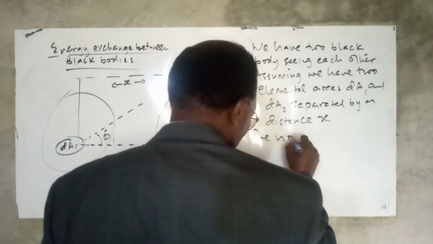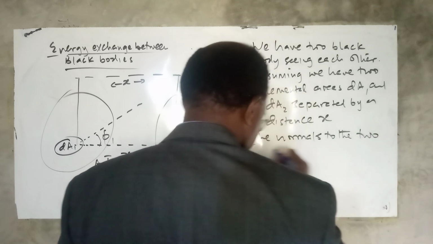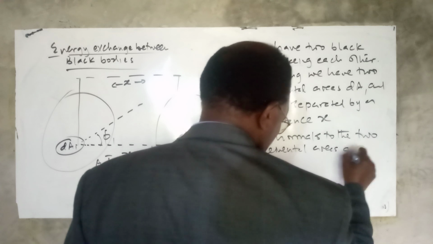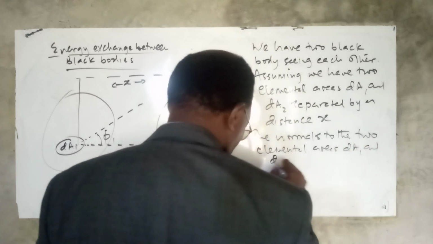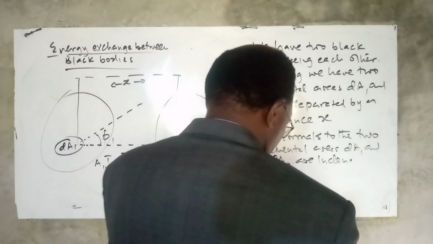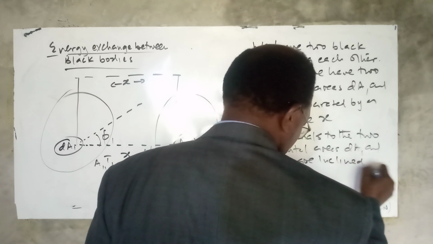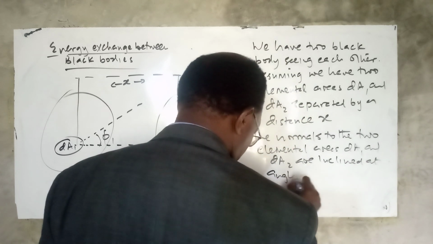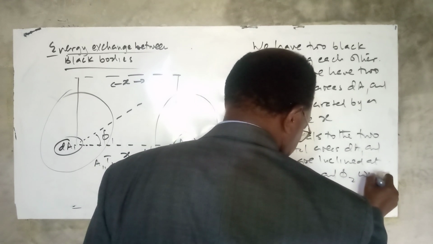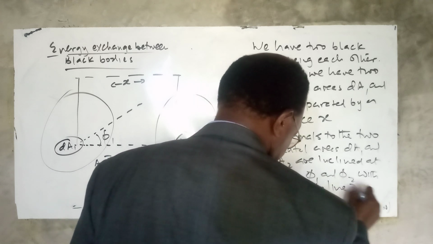The normals to the two elemental areas dA1 and dA2 are inclined at angles phi 1 and phi 2 with respect to line x.